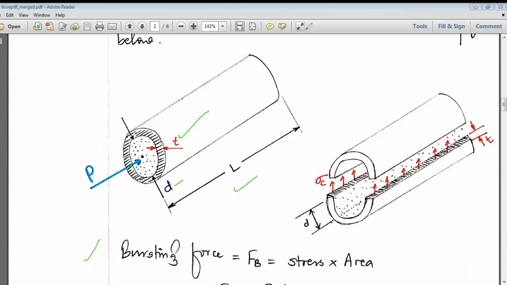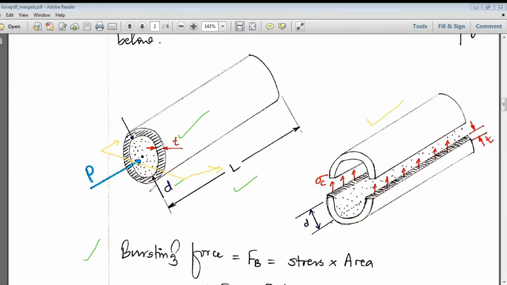Now, in this there is something called bursting stress or bursting force which comes into the picture. What is this? Let us check. If I take a section in the direction shown by this yellow cut section, the resulting figure will be of this type.